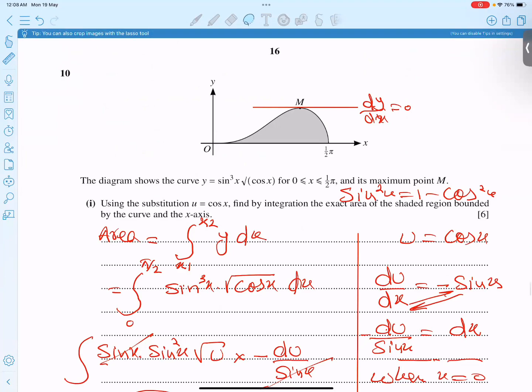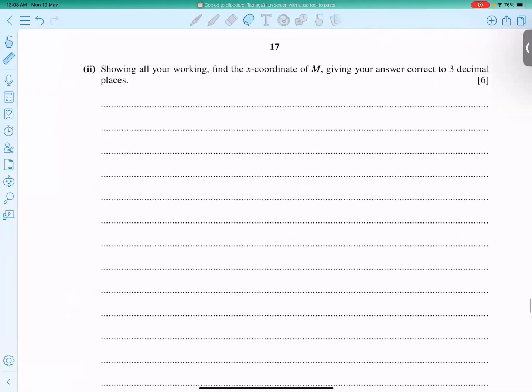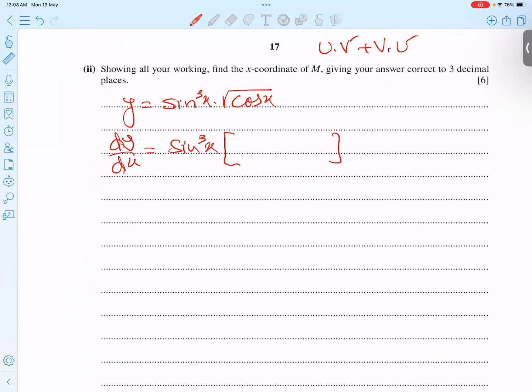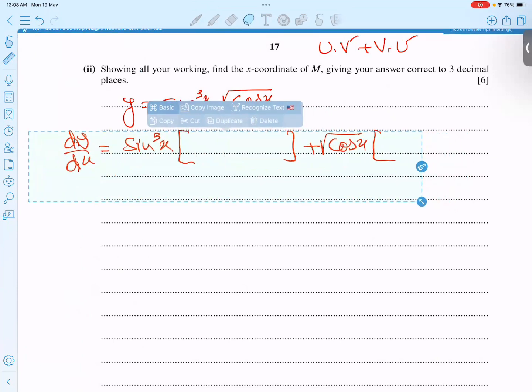So take this equation from here, copy, and now I'm going to differentiate, students, so dy over dx. Product formula: u copy v dash, v copy u dash. So the first function I am copying without any change. Here the derivative will come of this, and plus now root of cos as it is. Here the derivative comes of the second part. So I hope this part is very clear.